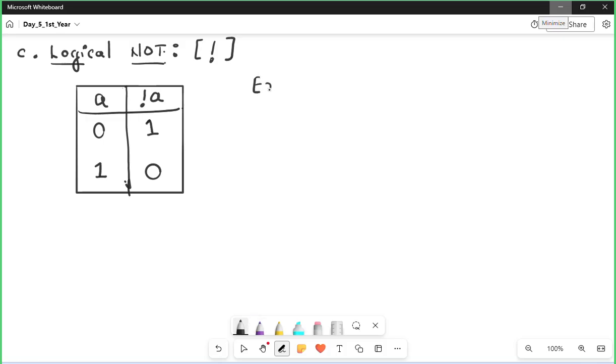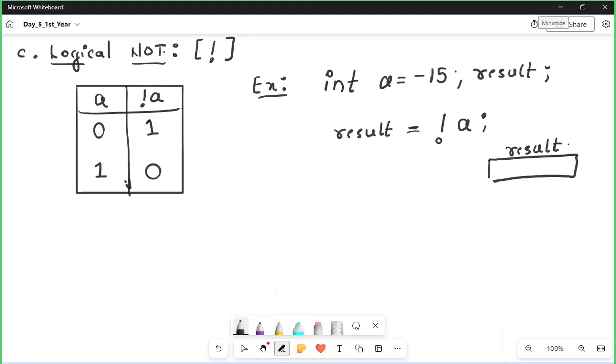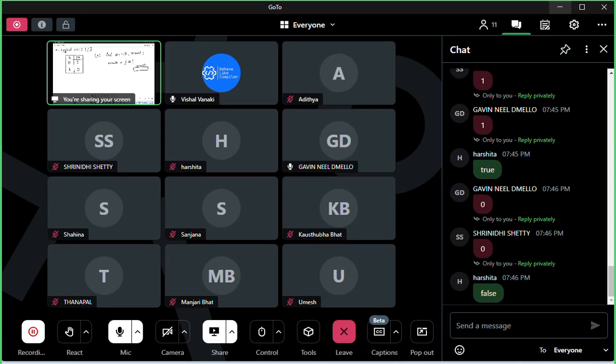So if you take an example here, int A is equal to minus 15, comma, result. Now result is equal to NOT of A. Can you tell me what is the value stored in result? NOT of minus 15 is how much?